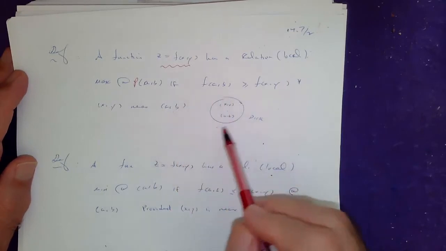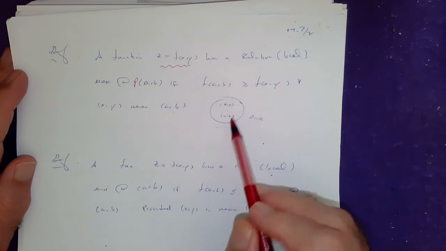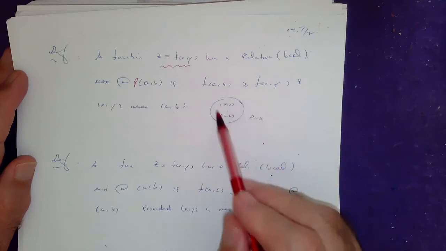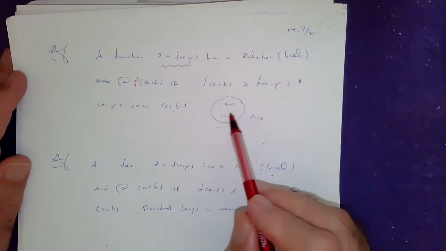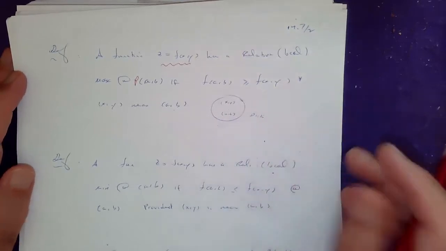In other words, if you have a disk with center a comma b, any ordered pair you select, the value of the function at a comma b has to be greater than or equal to the value at any nearby ordered pairs close to a, b. Okay, so this is a disk.